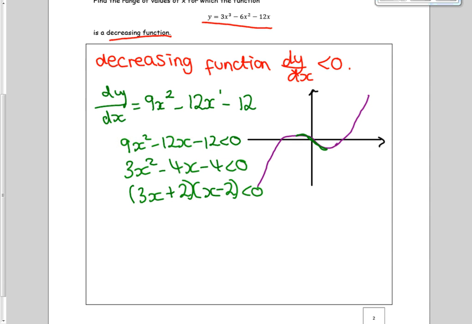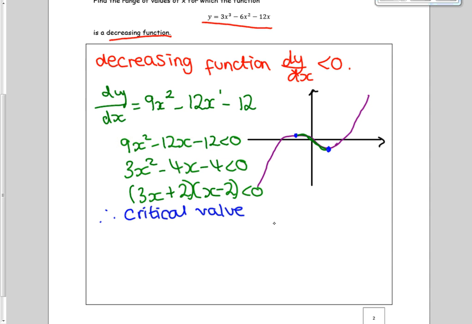So how are we going to find where this is a decreasing function? Well, we're going to find our critical values. A critical value is the point at which the gradient changes from being positive to becoming negative. So that's going to be these 2 points here that we find.